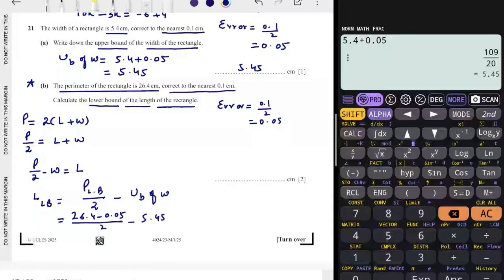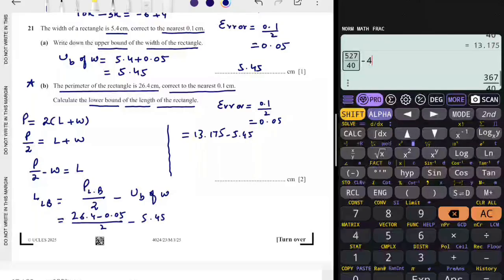We'll simplify it. 26.4 minus 0.05 is equal to 26.35 divided by 2. So after dividing, the answer is 13.175 minus 5.45, and the final answer would be 7.725.